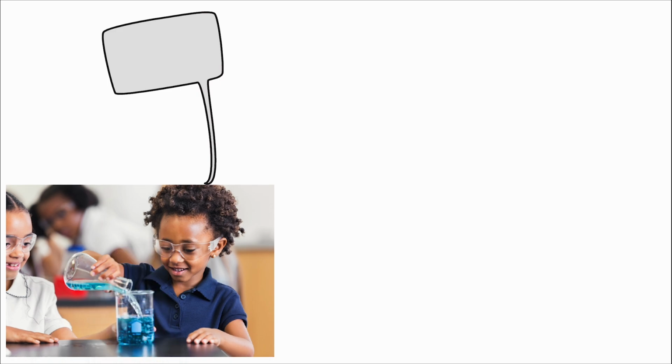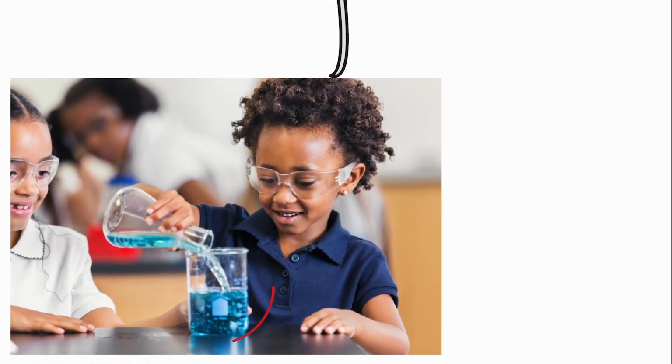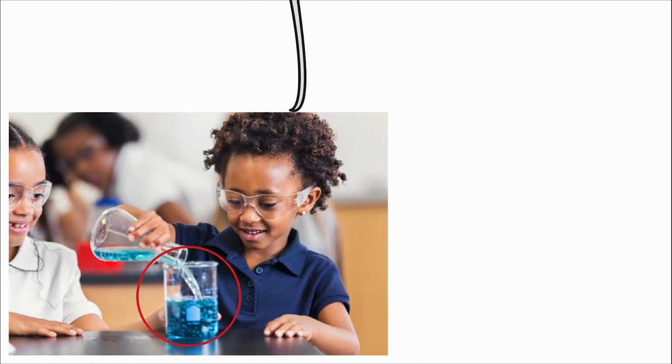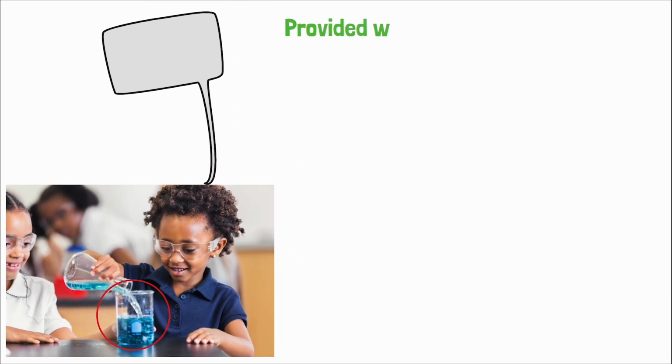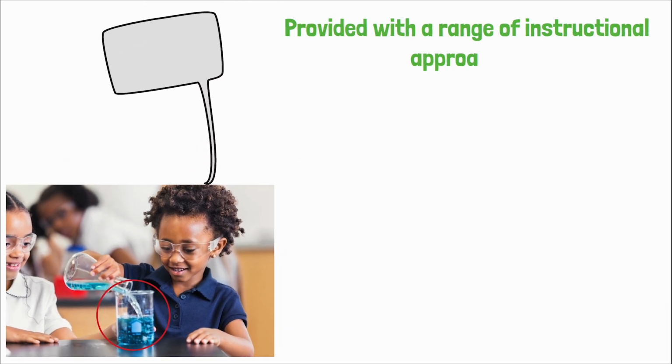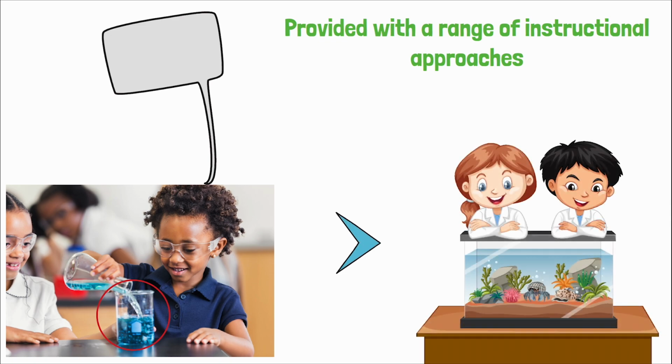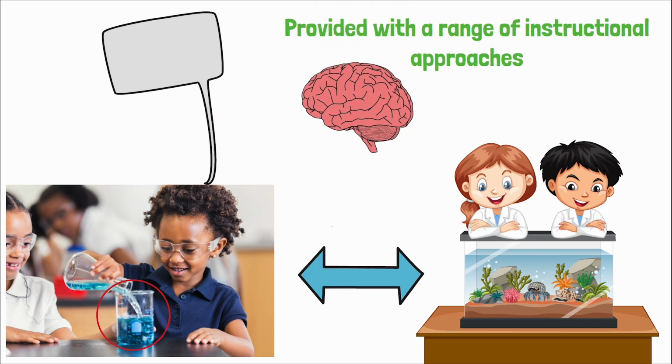For the full development of science proficiency, it is necessary for students to be actively engaged in the practices of science, exposed to developmentally appropriate instruction and materials, and provided with a range of instructional approaches. These actions ensure that students have multiple opportunities to engage with scientific concepts and practices in ways that are meaningful and appropriate for their developmental level.